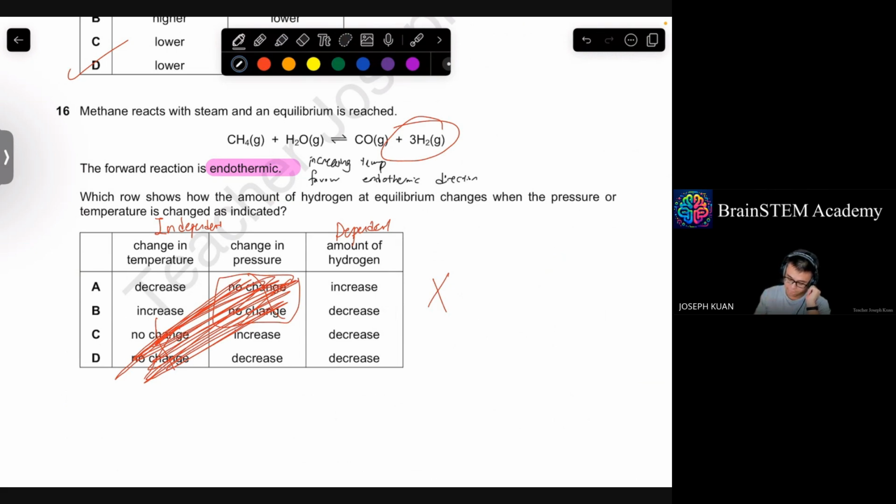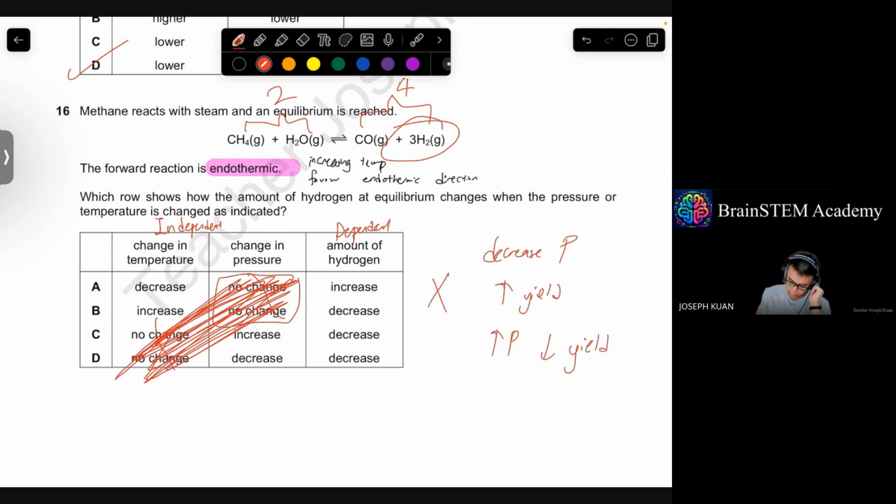Pressure affects an equilibrium reaction based on the number of moles of gas on both sides. On the left, I see there are two gases. On the right, there are four gases. So in order to drive the forward reaction, we need to decrease the pressure. Decreasing pressure increases yield. Increasing pressure decreases yield.